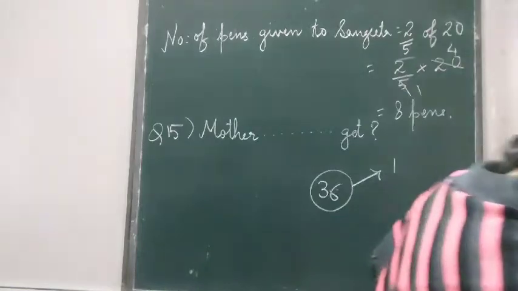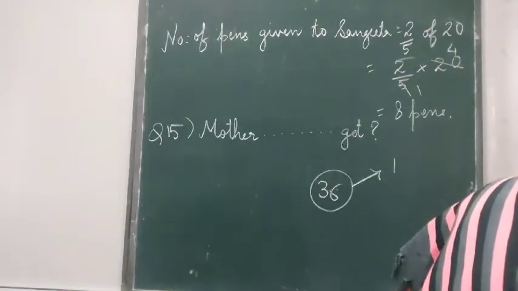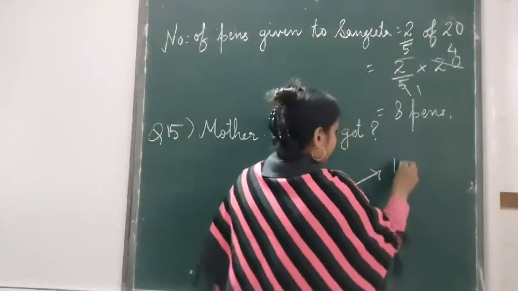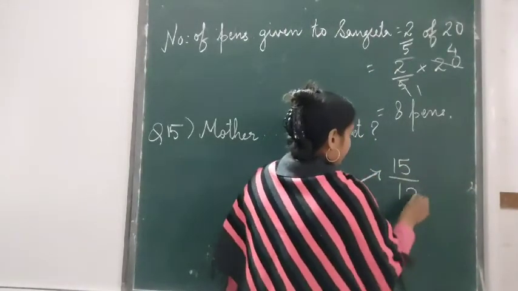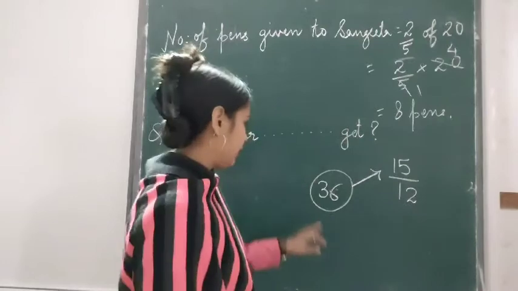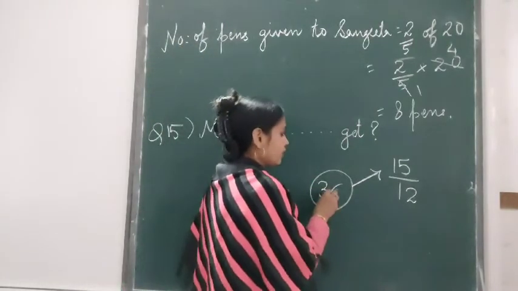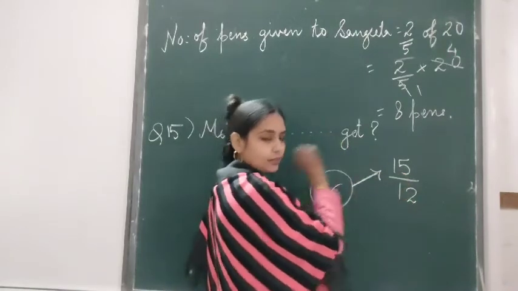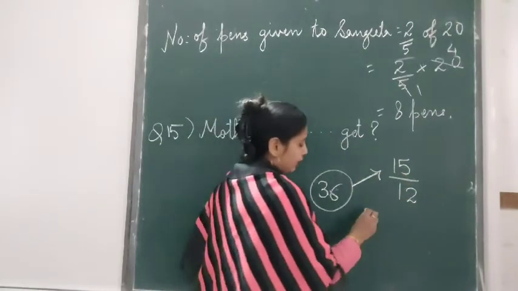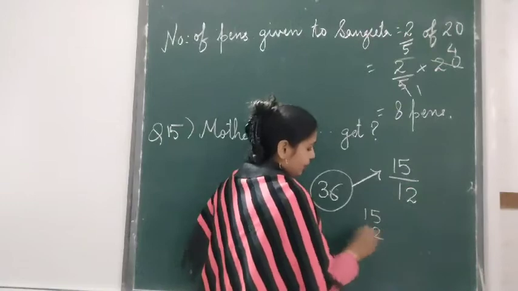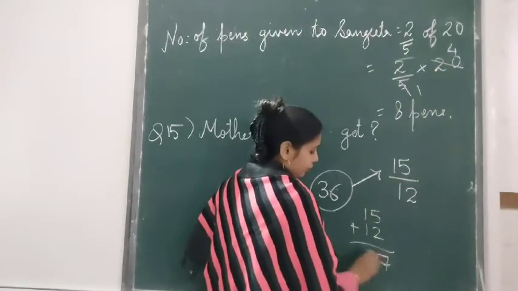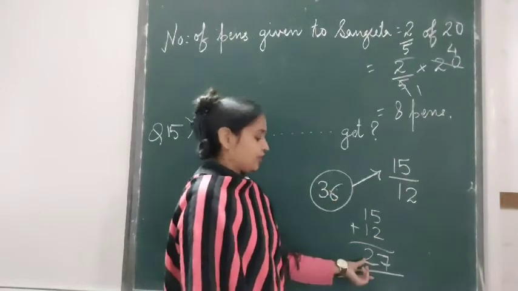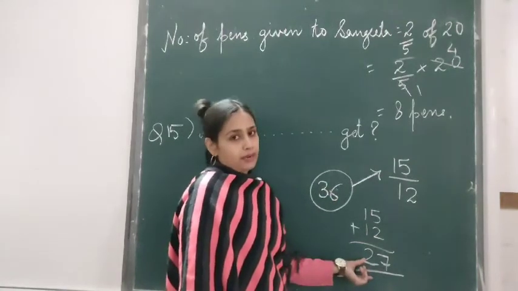Let me check the ages once again. In the ratio 15:12. That means this 36 will be divided into 15 parts and 12 parts. 15 and 12 means 15 plus 12, that is 27 parts. So this rupees 36 has to be divided into 27 parts.